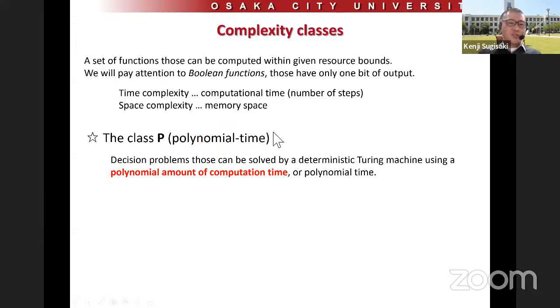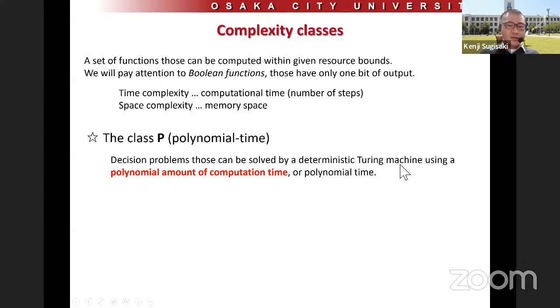So a problem in class P can be solved by a deterministic Turing machine. This is just the Turing machine I described before. A class P problem can be solved by a Turing machine using a polynomial amount of computational time.